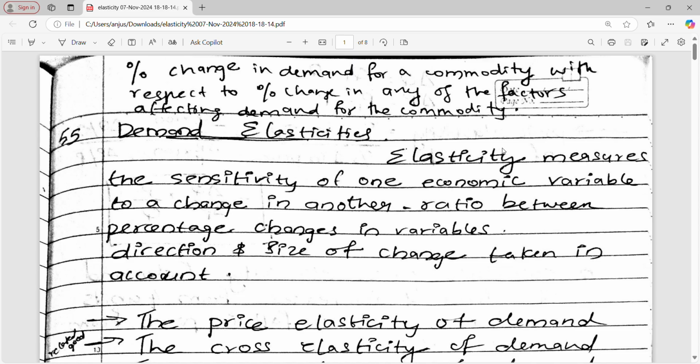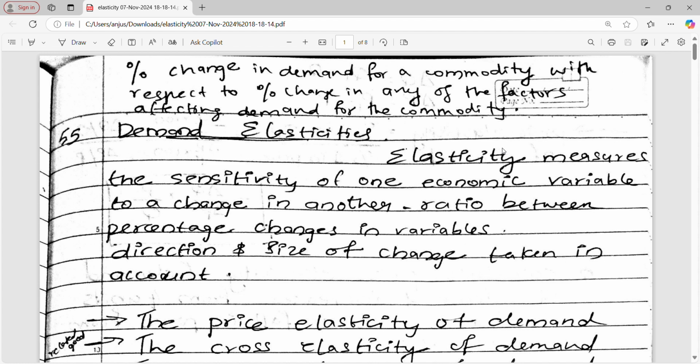Let's say a pen of 10 rupees. For 10 rupees there were 6 people to buy this pen. But the price increased. This pen's price is now 15 rupees. Now there are only 3 people willing to buy this pen.